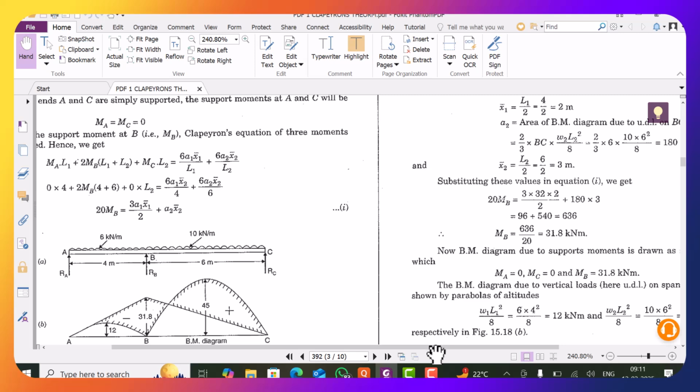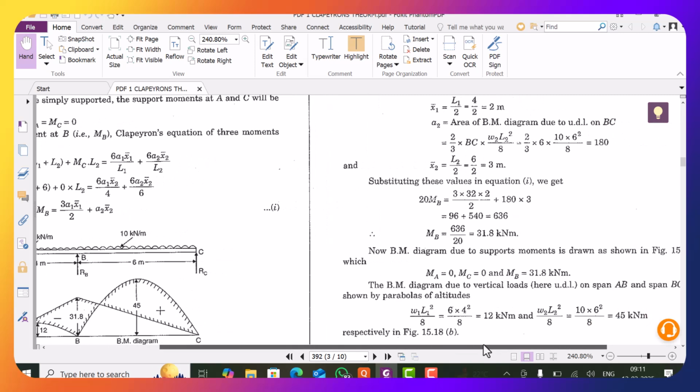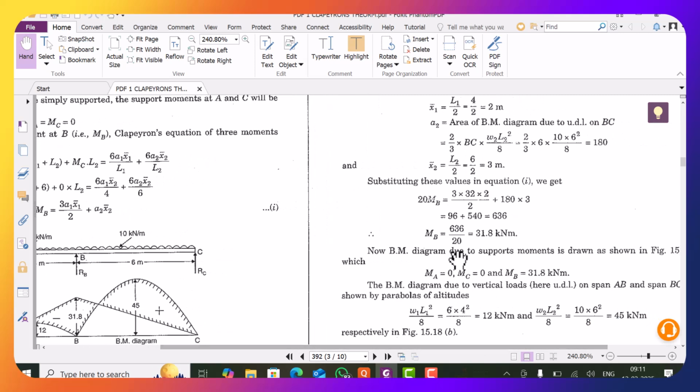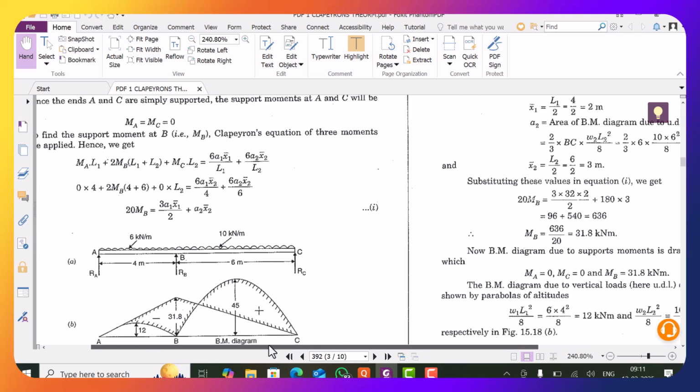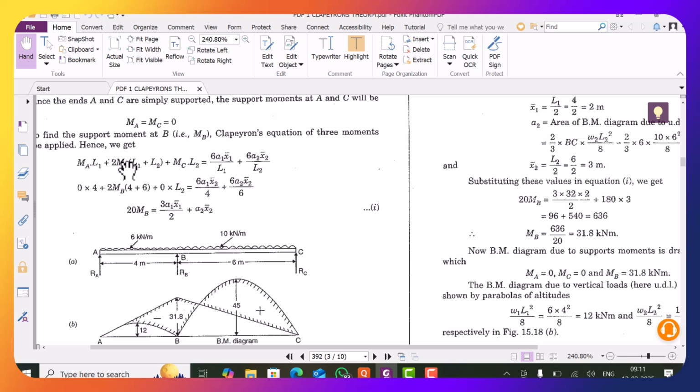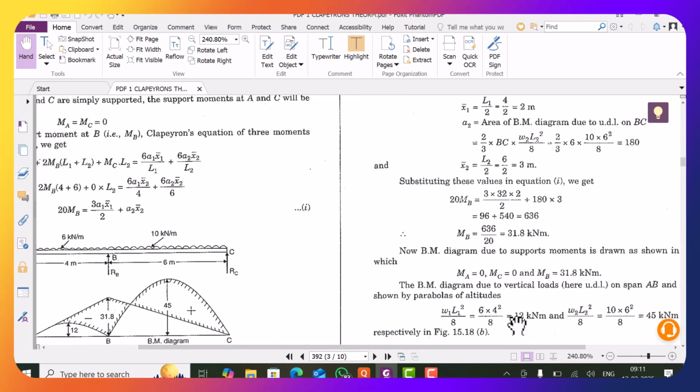The only unknown which exists is MB, and very easily, if you put the values in this equation as I have just explained, that MA will be equal to 0, MC will be equal to 0, and L1, L2, A1, X1 bar you know very well, you will get the value of MB. Now this is the value of MB which you have obtained.